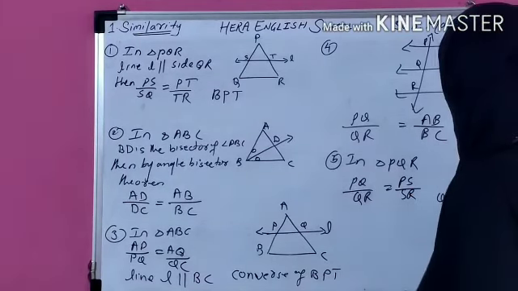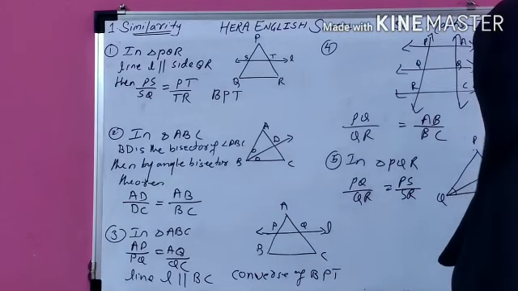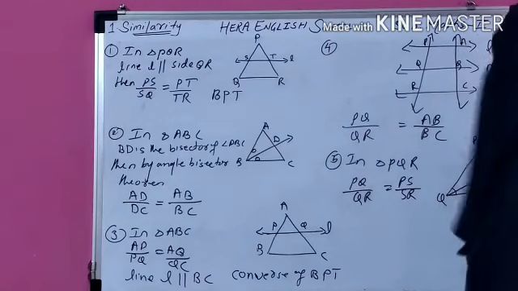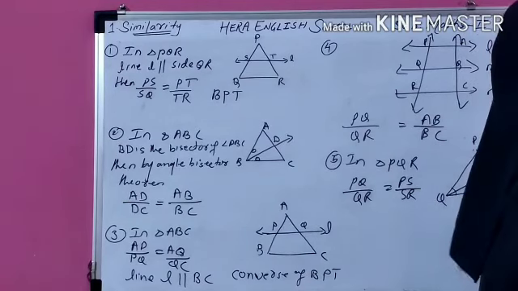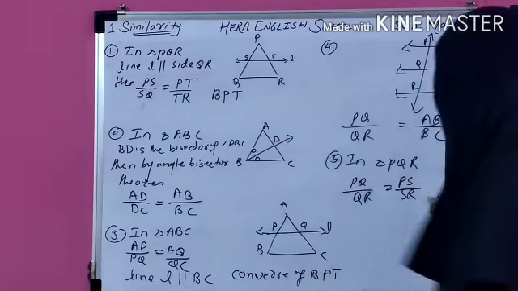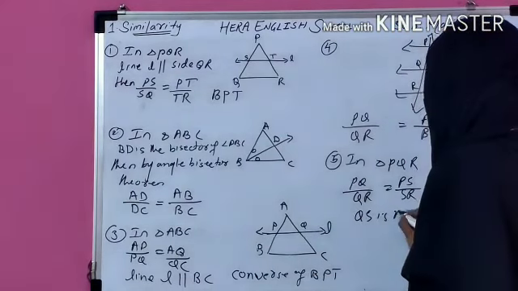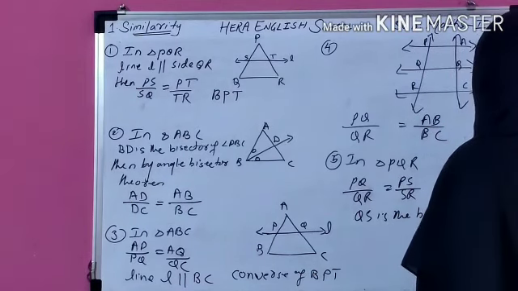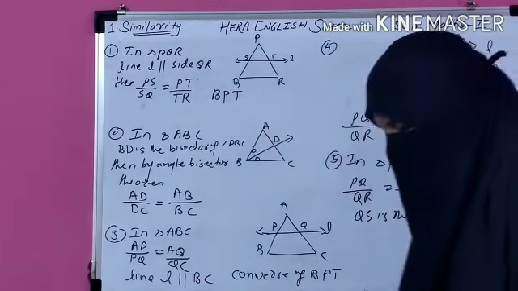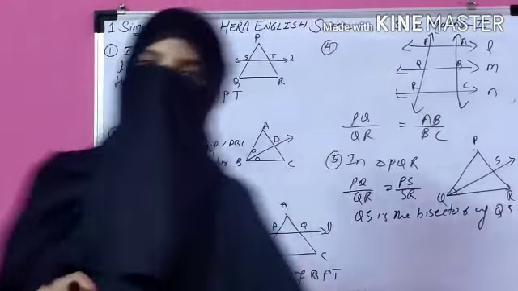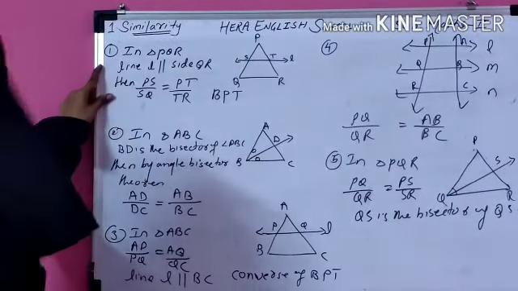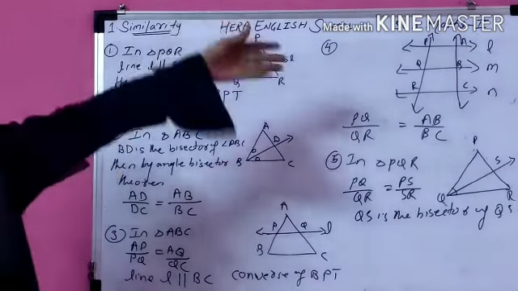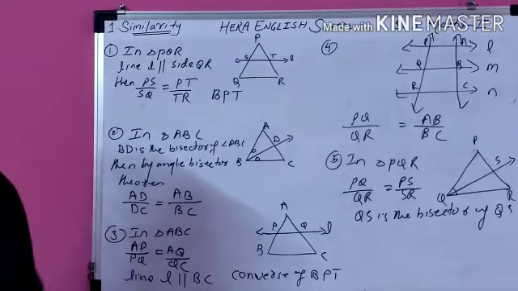Yes, if the ratio of the sides of any angle is equal to the ratio of the remaining sides, then that ray is the angle bisector. Then QS is the bisector of angle Q. So this exercise 1.2 is based on these theorems: BPT, converse of BPT, angle bisector, property of three parallel lines, and converse of angle bisector.